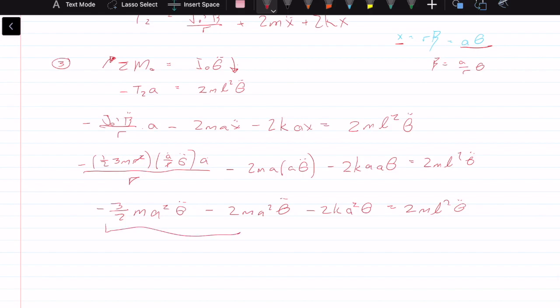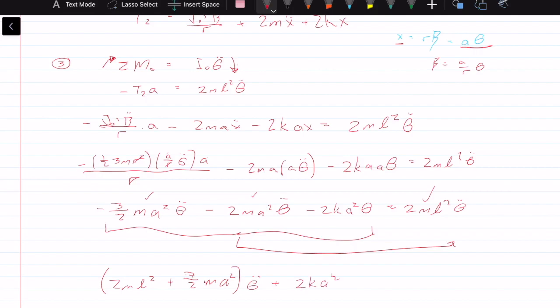Taking all of this onto the other side of the equation, we're left with 2ma squared plus, since these two have the same ma squared, we can add them, and they come out to be 7 over 2 ma squared, all times theta double dot, plus 2ka squared theta is equal to 0.